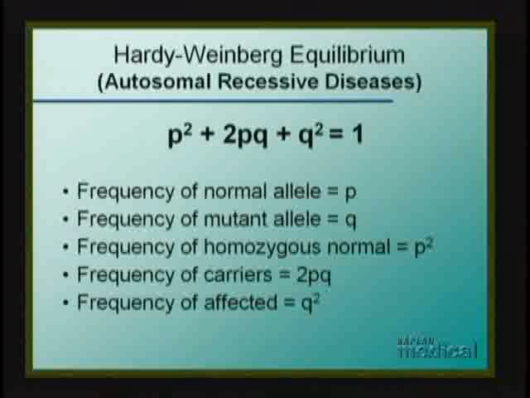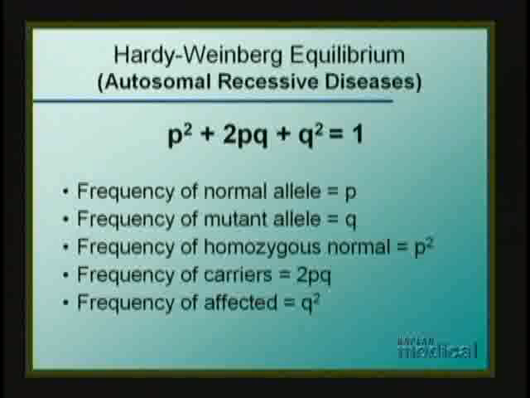For the autosomal recessive diseases, P and Q represent the two allele frequencies for some disease-causing gene. P, by convention, represents the allele frequency for the normal allele. Q represents the allele frequency for the mutant allele. Remember that the three parts on the left-hand side of the Hardy-Weinberg equation represent the three genotype frequencies.